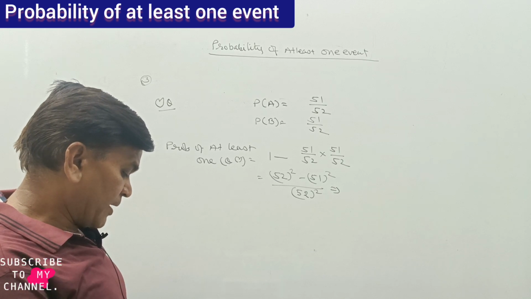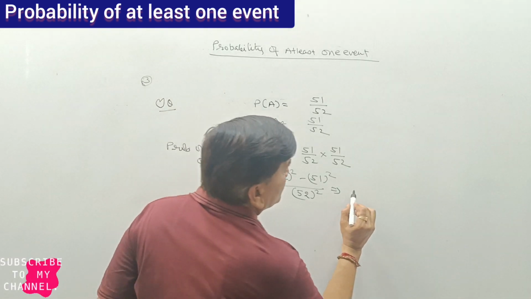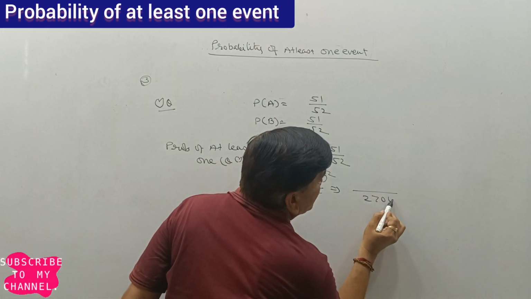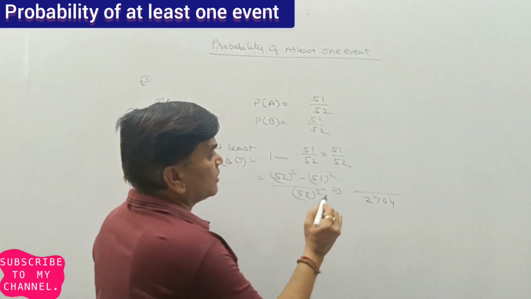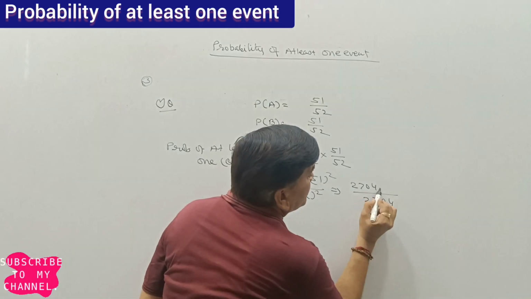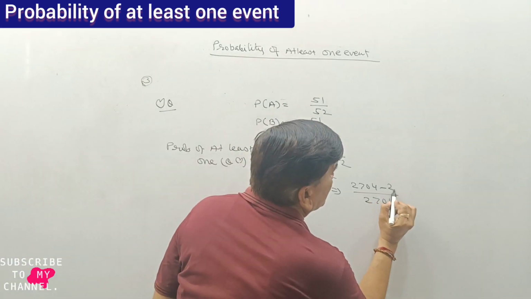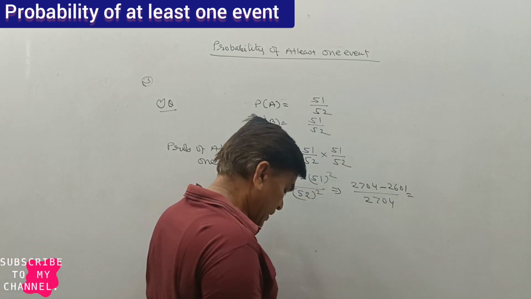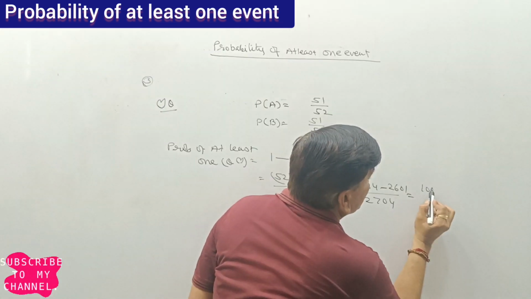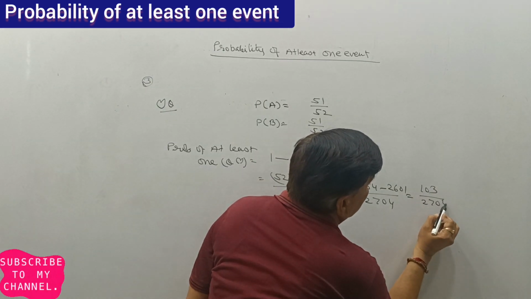So 52 multiplied by 52, that is 2704. 2704 minus 51 multiplied by 51, that is 2601. So the result will be 103 divided by 2704.